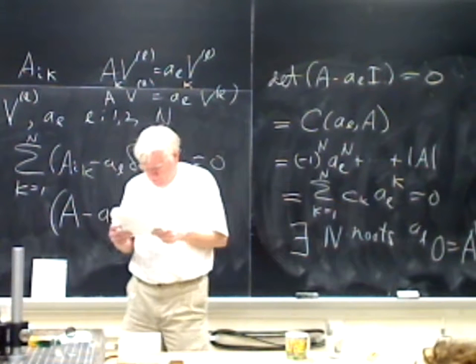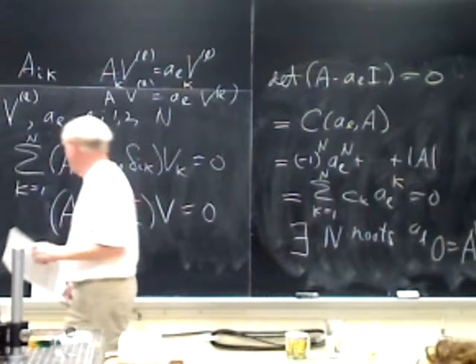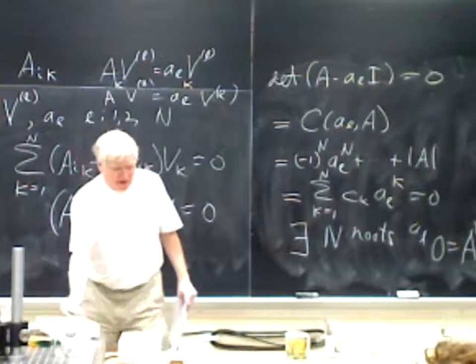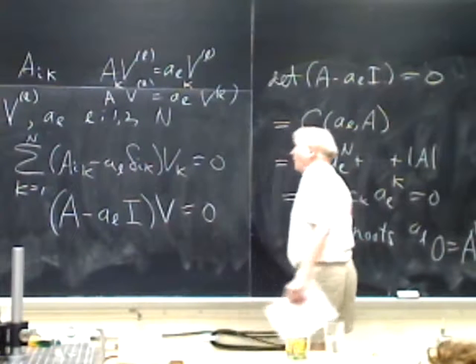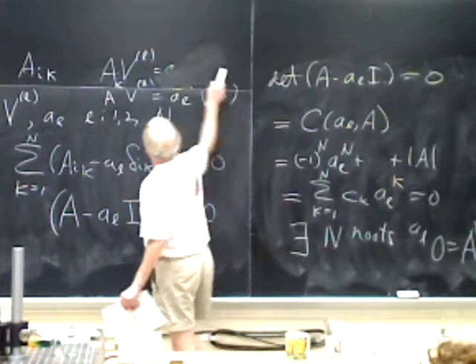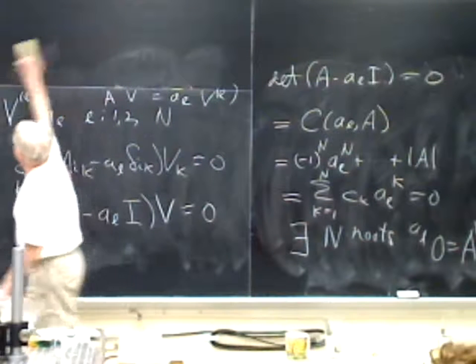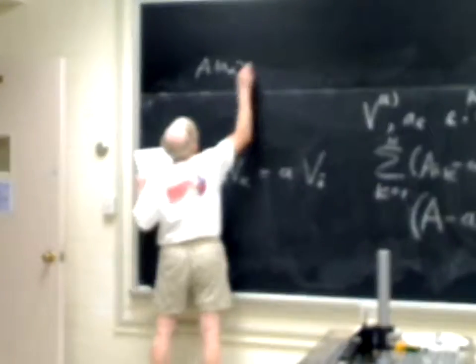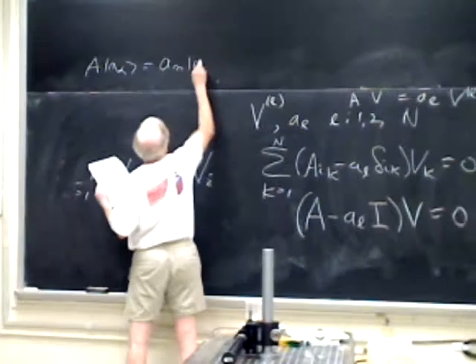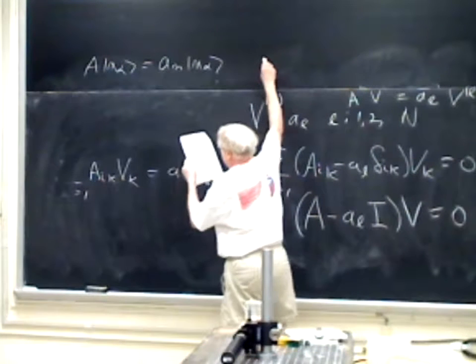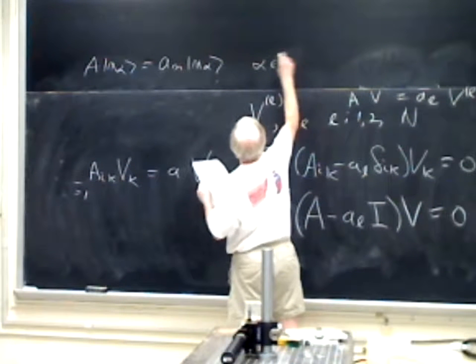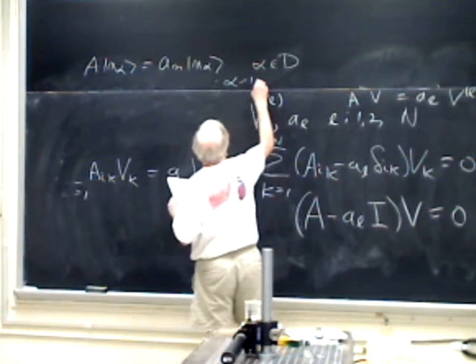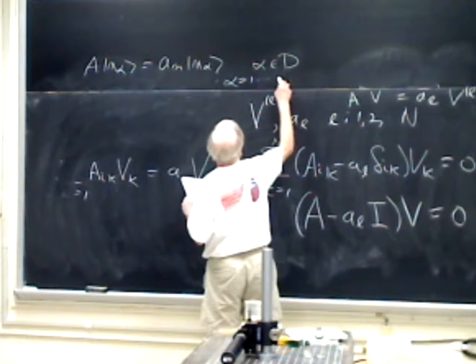Okay, so what do we do when we have the case of degeneracy? Well, the first thing to say is, suppose we label the vectors |n, α⟩ for α in some set D, or in other words, α equals 1 up to d_n.